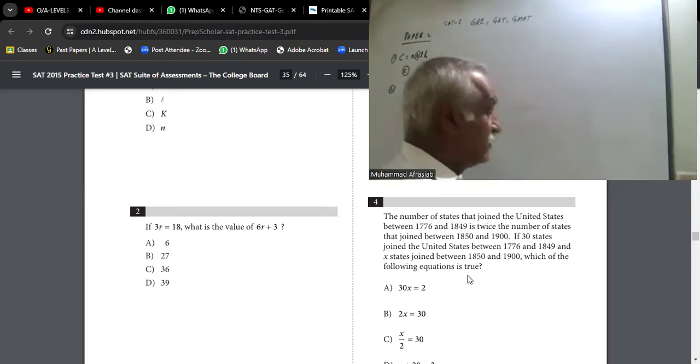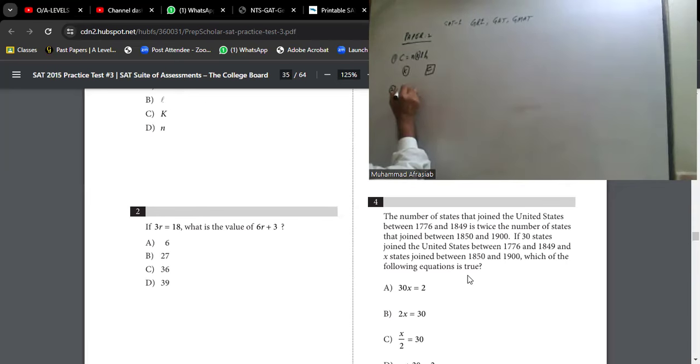Since 3r is equal to 18, this implies that r is equal to 18 divided by 3, that is equal to 6. And the value of 6r plus 3 is equal to 6 times 6 plus 3, that is equal to 39. So the answer for this part is D.